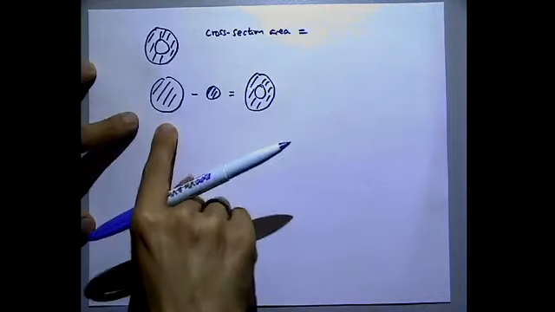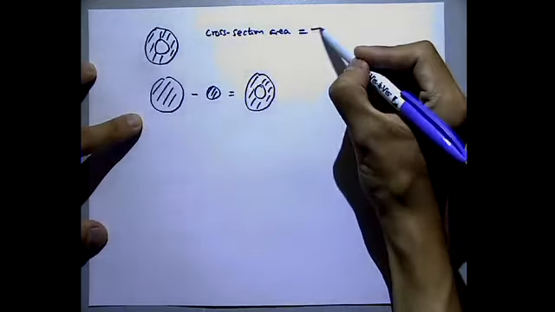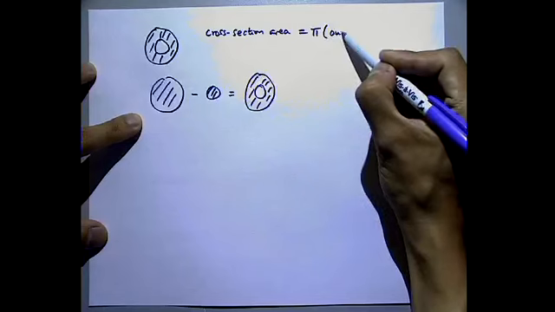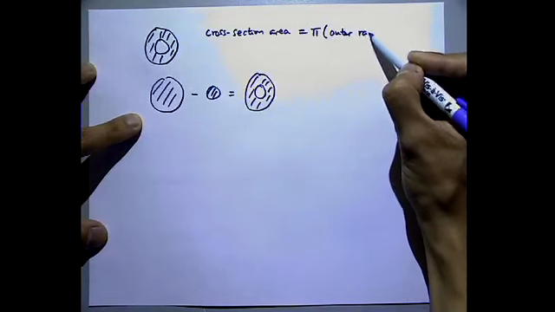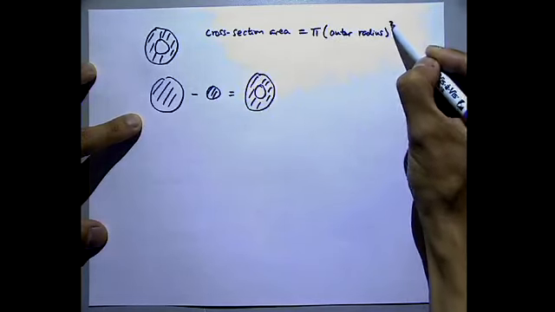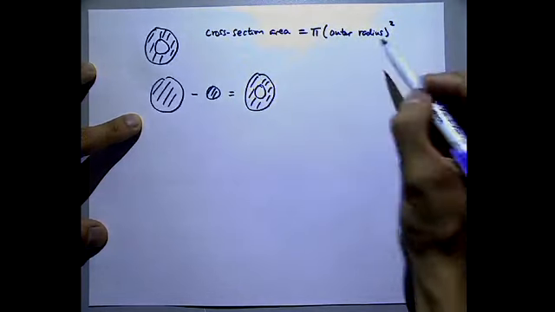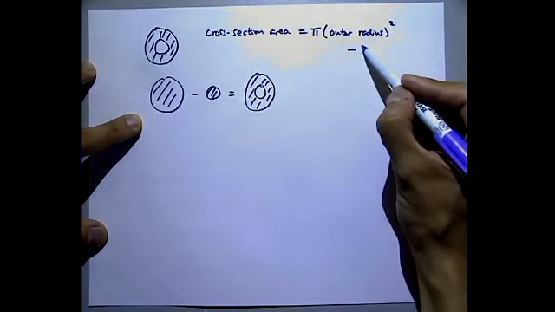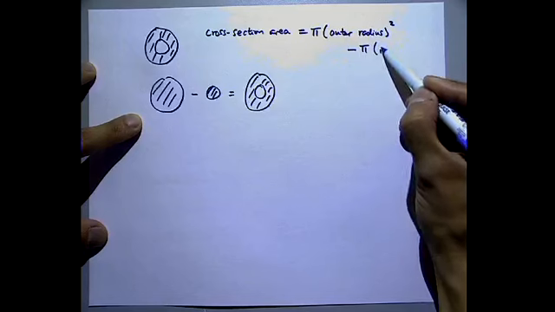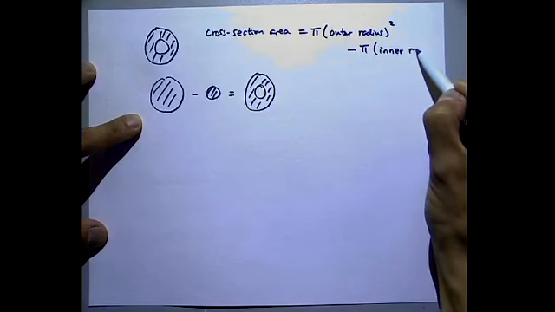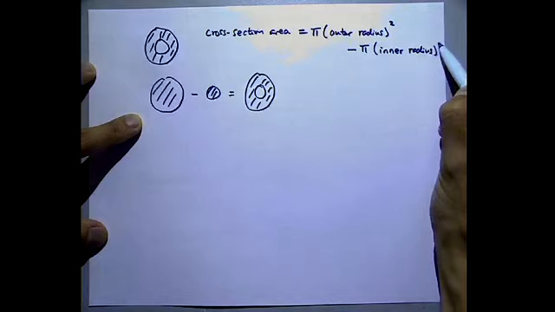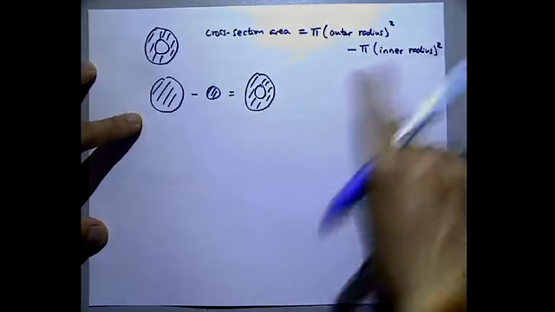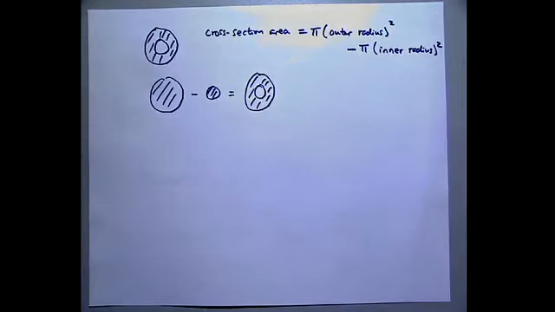So let's see, area of the big one is pi times the outer radius squared, correct? And then subtracting away pi of the inner radius squared. This should be one line, but I'm running out of space.